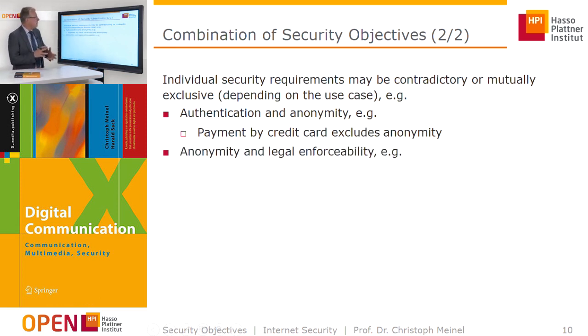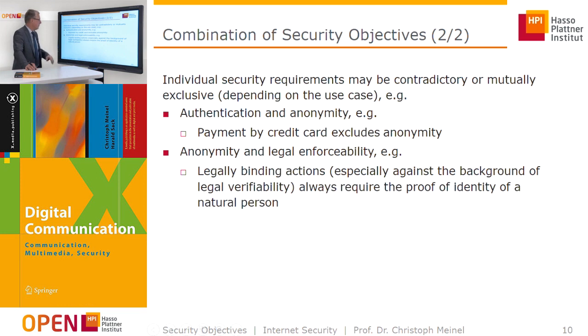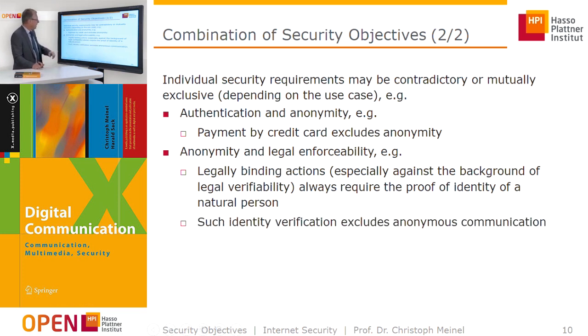Another contradicting pair of security objectives is anonymity and legal enforceability. For example, legally binding actions, especially against the background of being legally verifiable, always require the proof of identity of a natural person. Such an identity verification, of course, excludes anonymous communication.